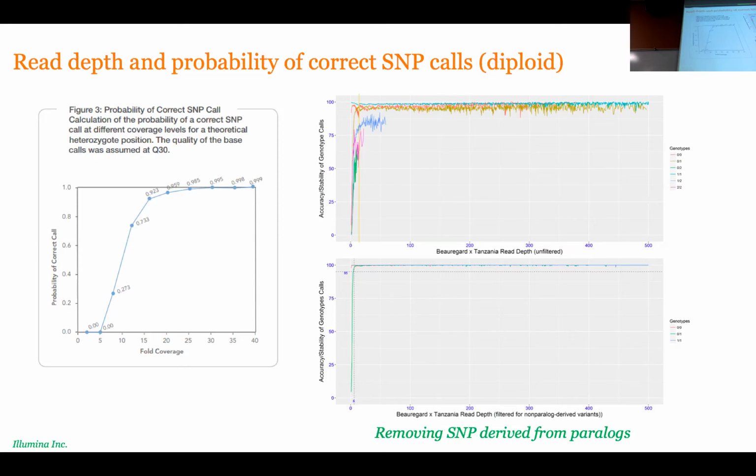The point I'm trying to make is that these two data plots include paralogs, and that just creates noise in your data. Think about it: if you have a duplicate, it starts behaving like a 4x genotype.